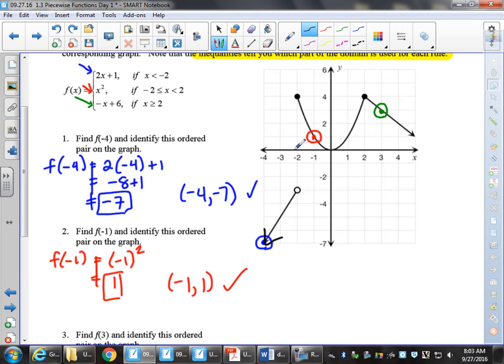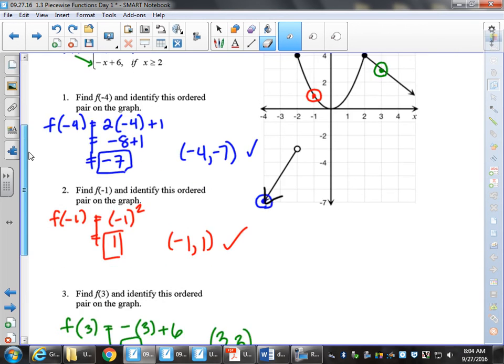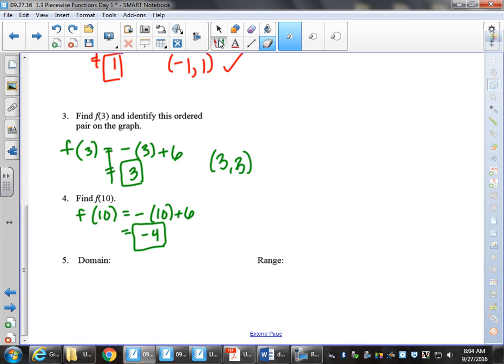But then if I look, is it filled in? Remember that conversation that if I have a hole, but I have another x equals negative 2 that's solid, this solid dot fills in the empty one. So that's not a problem. We're still okay. Keep going. Any problems? No. So what's my domain? You can say all real numbers, negative infinity to infinity, whatever makes you happy.